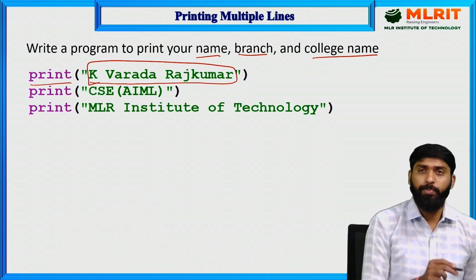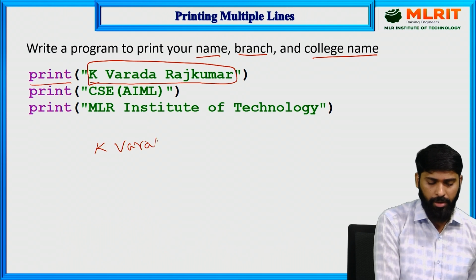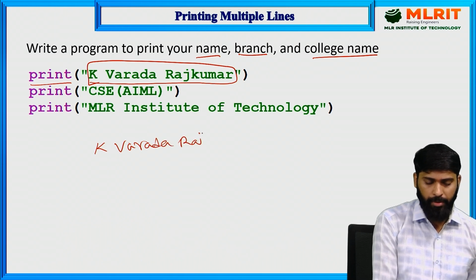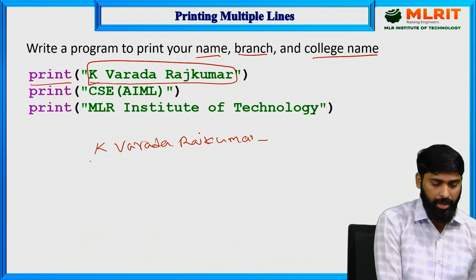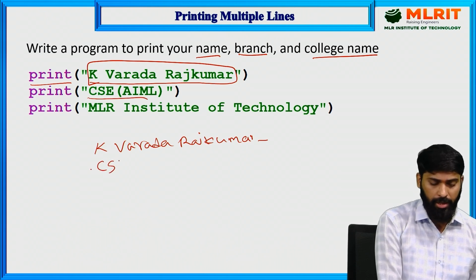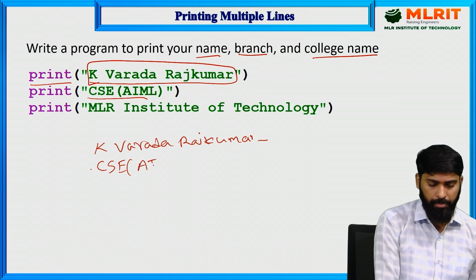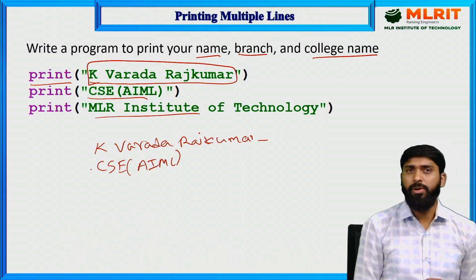Now what is the output here? Print K Varada Rajkumar. This line is executed. Then control moves to the next line. Here again print CSE AIML. Next line it prints MLR Institute of Technology.